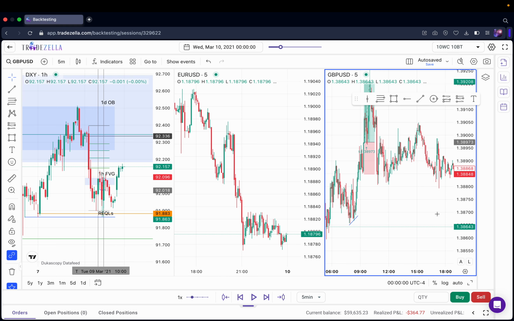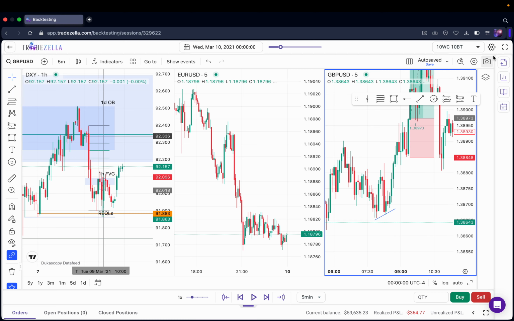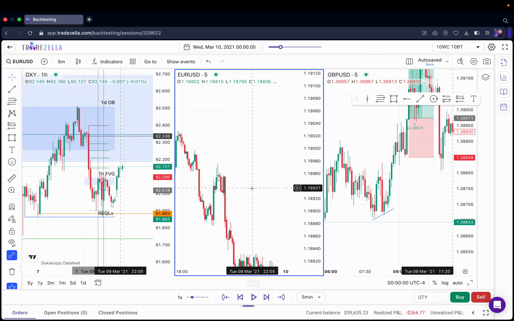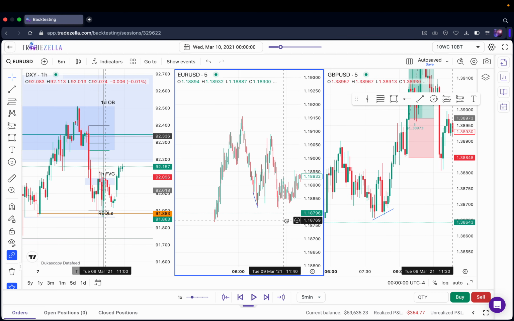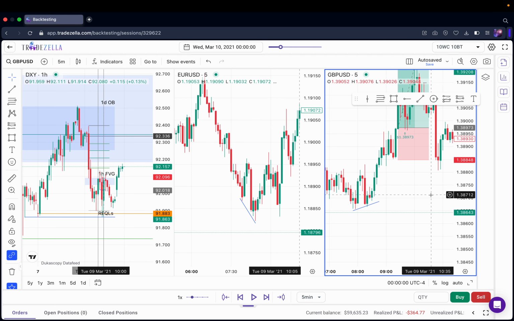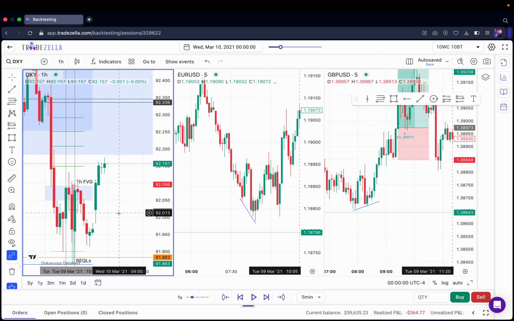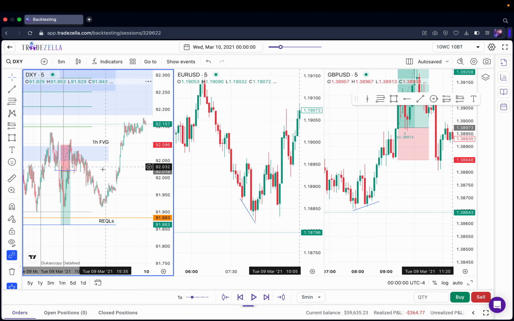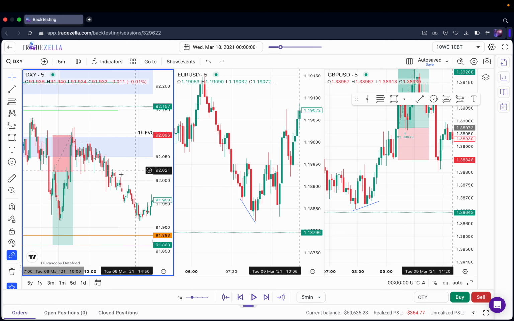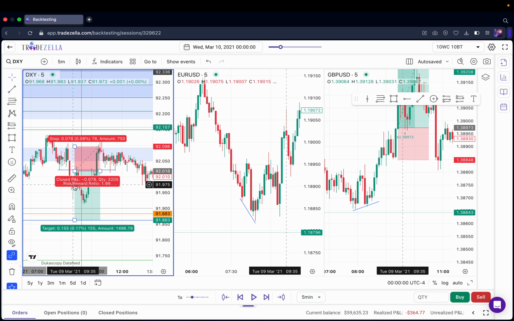Yeah, so it is called the SMT divergence, and as you guys can see, this was the market structure shift which triggered my entry.